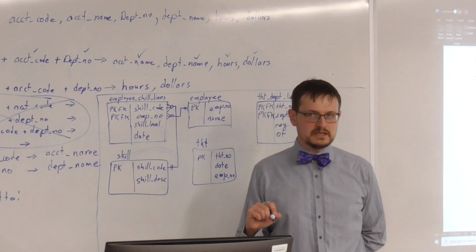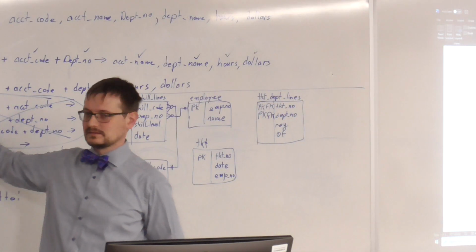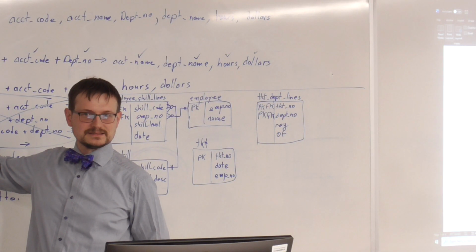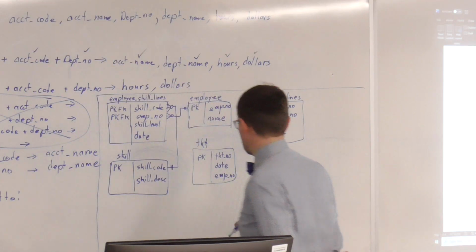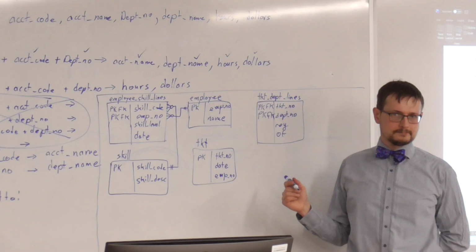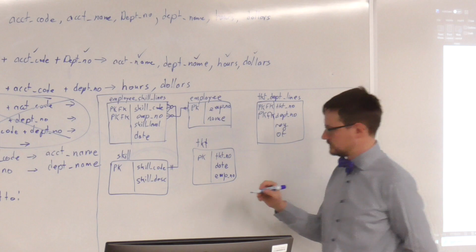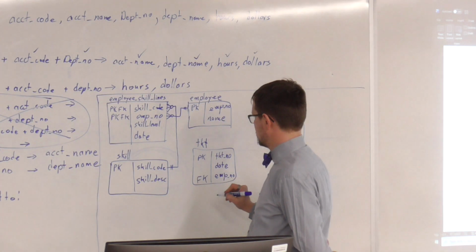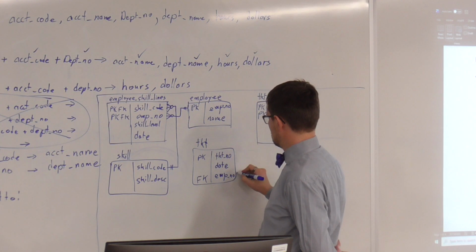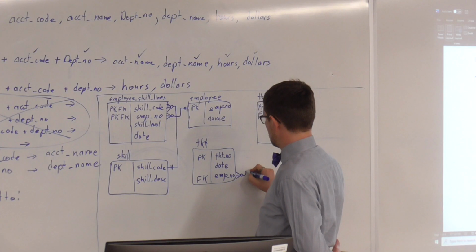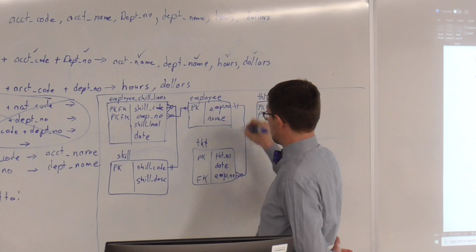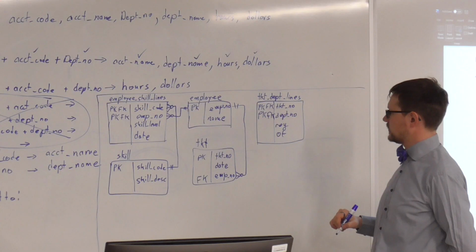Is ticket number a foreign key in this? No, it's not. Is there another foreign key? Employee number, foreign key right here. So we can say, and of course ticket number.